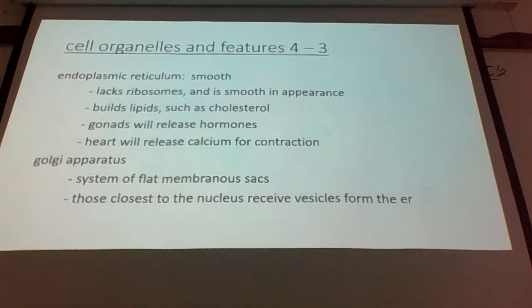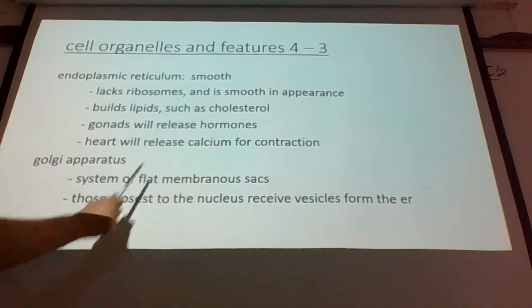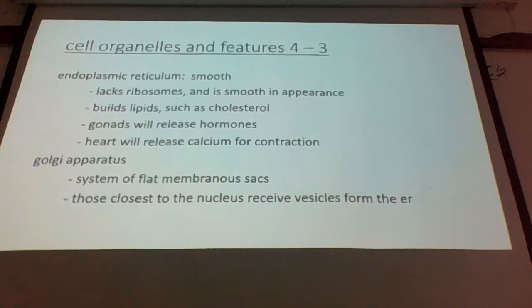You might be saying, well, wait a minute, I thought there would be more ribosomes in muscle tissue. Well, yes, that's true, but this is responsible for that contraction. And what this is leading to, what gives you more energy, fats or carbohydrates?